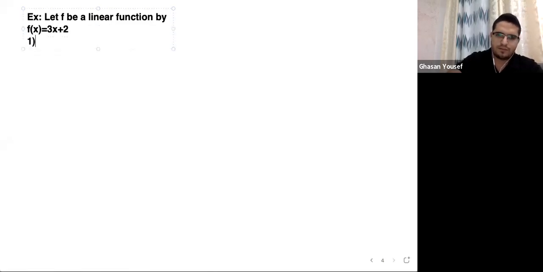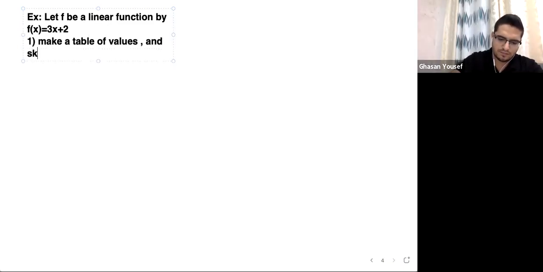Number 1, make a table of values and sketch a graph. Number 2, what is the slope of the graph of f?